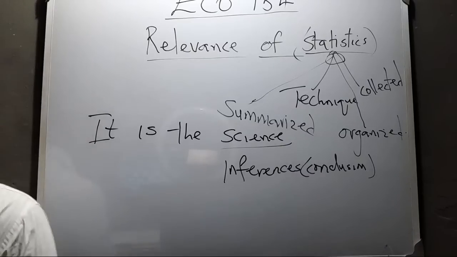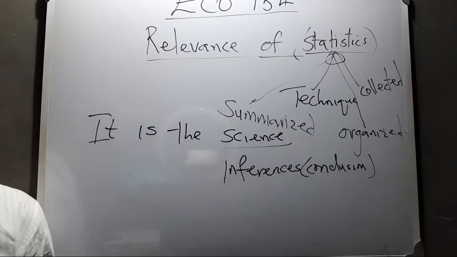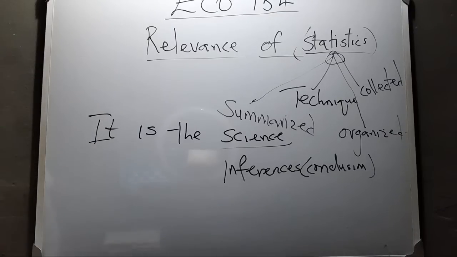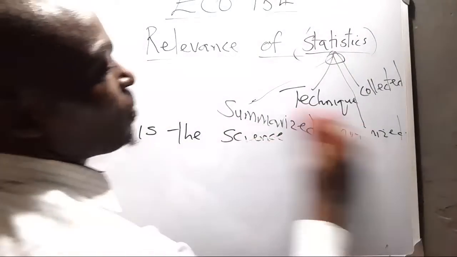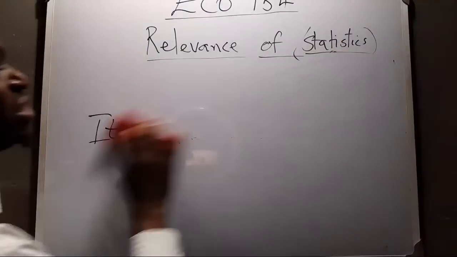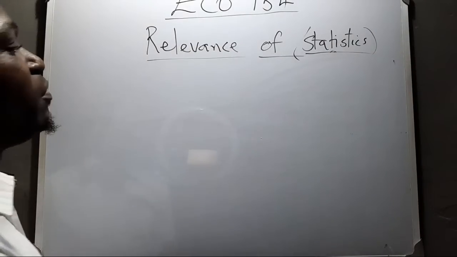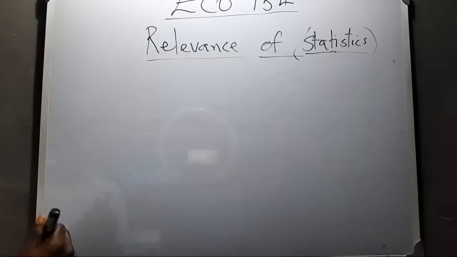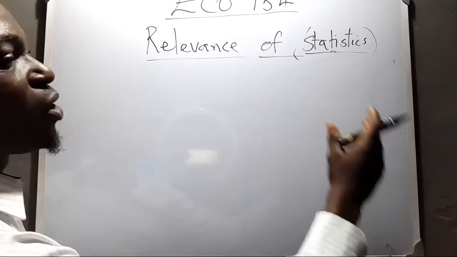So now let's look at the process of statistics. Number one, process of statistics, that is the method. When I say process, I'm talking about the method used by statistics, the process from collecting of information to getting a valid conclusion.